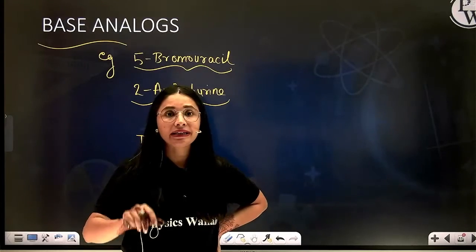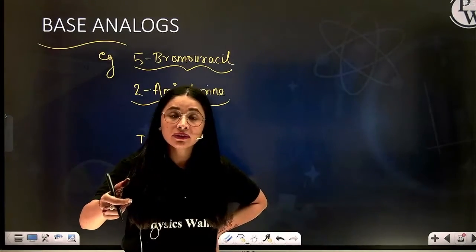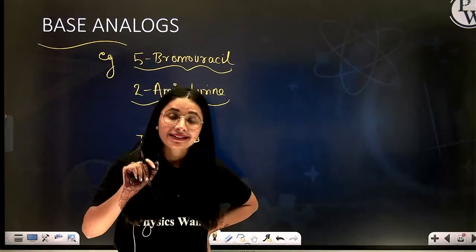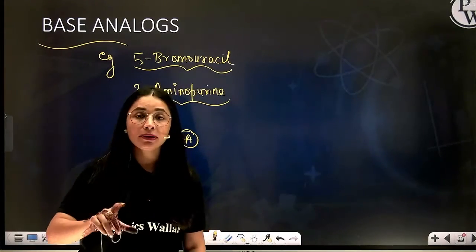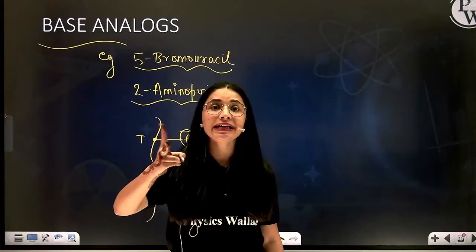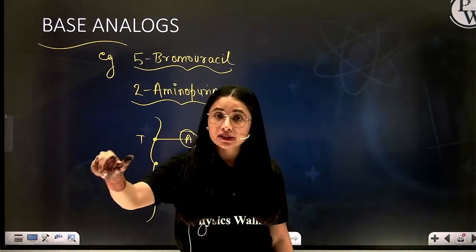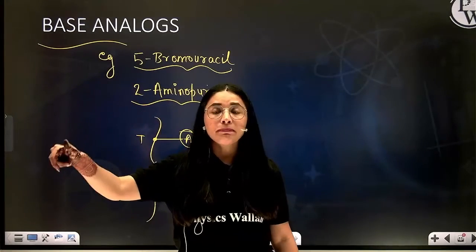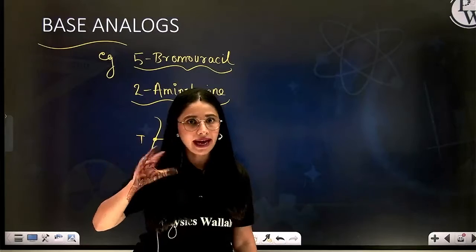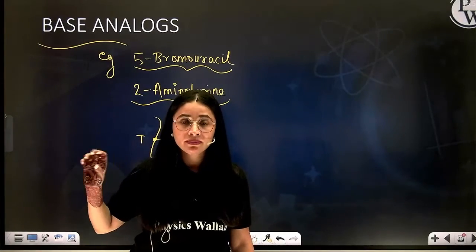Instead of adenine, thymine will start pairing with this 2-aminopurine because thymine will think that 2-aminopurine is the same as adenine, as they both are structurally the same. So now instead of adenine, thymine has paired with this base analogue.